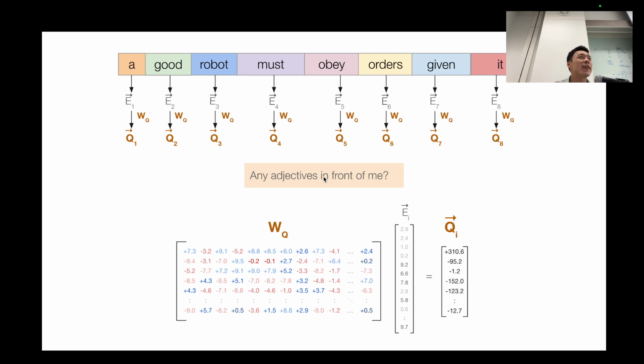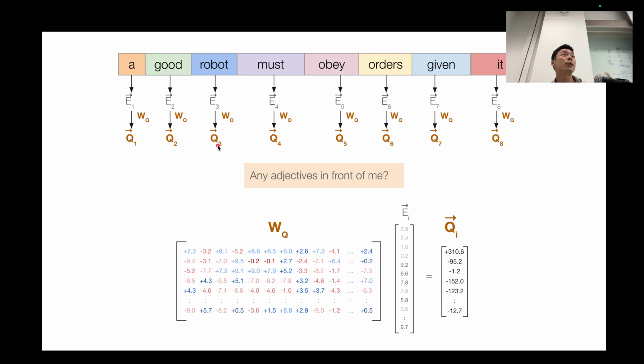And what is a query vector? A vector has to encode something. Here's what we think intuitively. The query vector, it represents what each word is like looking for. So for example, the word it should look for robot, right? It should look for what? A singular noun, for example. Or robot, to understand this word, it should look for the adjectives that are in front of it, for example.